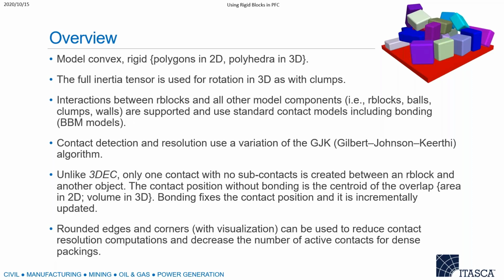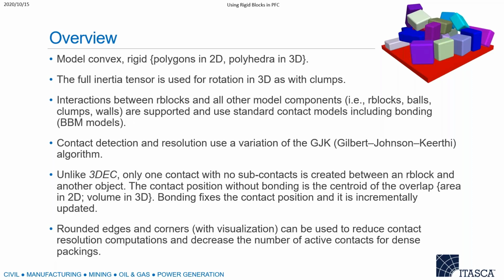to create what we call bonded block models. The contact detection and resolution scheme uses a variation of the well-known GJK algorithm. And the implication of the way we implemented the contact resolution is that we have only one contact between an Rblock and another object.